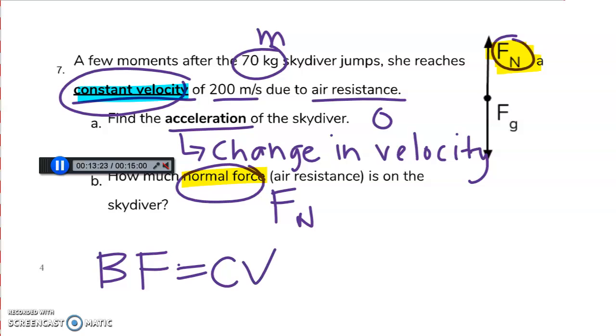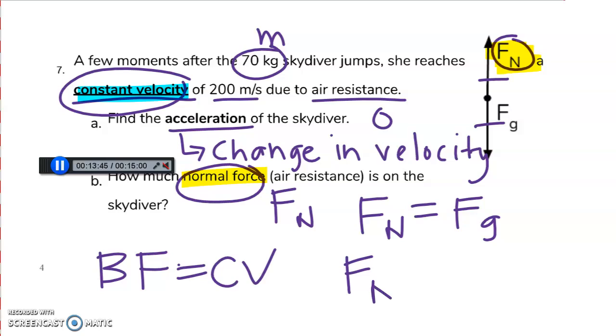And if the forces are balanced, that means however much is pulling down on the object is the same amount pulling up. And if I can find out how much is pulling down, then that's going to match the amount that's pulling up. So I can write that as Fn is equal to Fg because the forces are balanced.